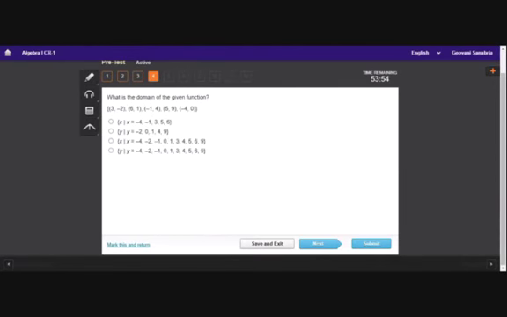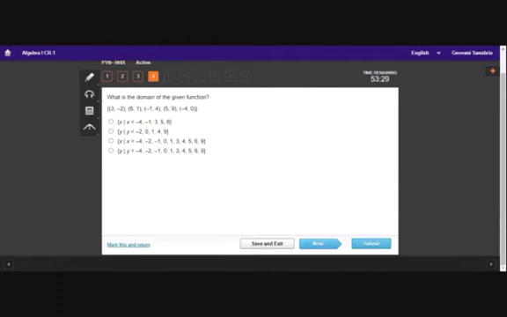So domain again, it's the inputs. The x, right? The x, yeah. And it has to have every. Okay.